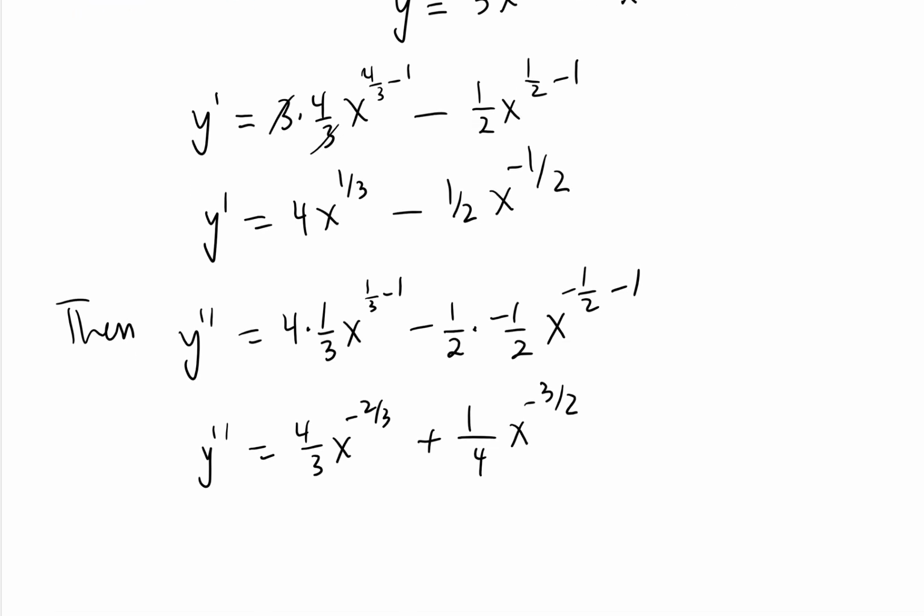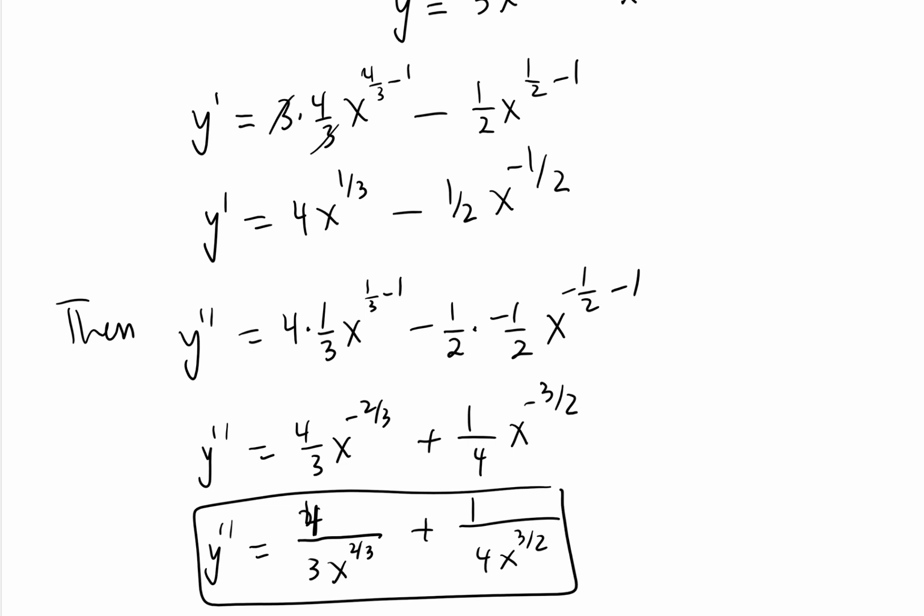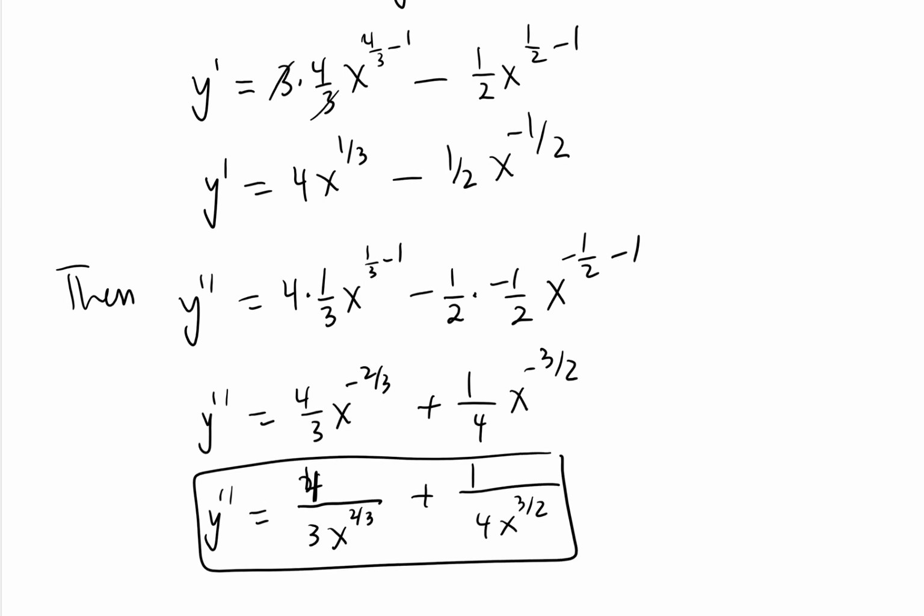And since this is the final answer calculus wise, we must bring the negative exponents down. So that makes it positive 2/3. That makes it positive 3/2. Anyone has any questions about this?